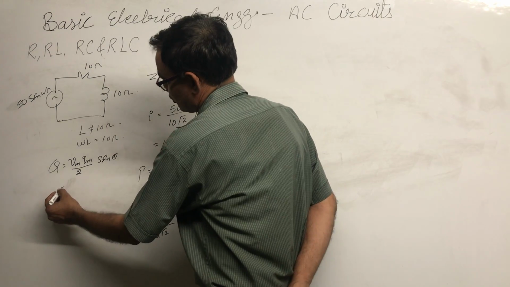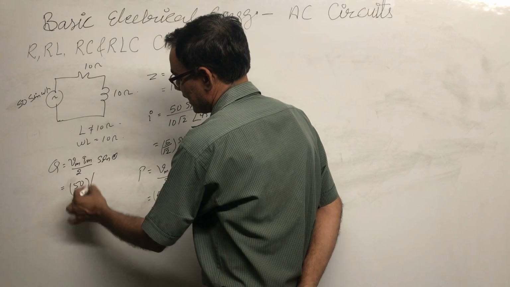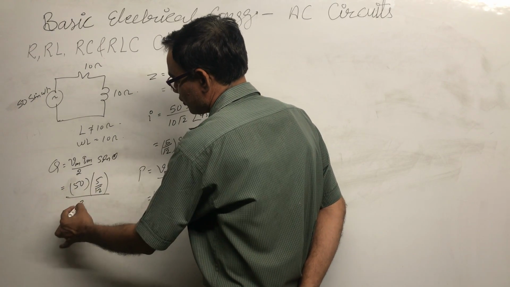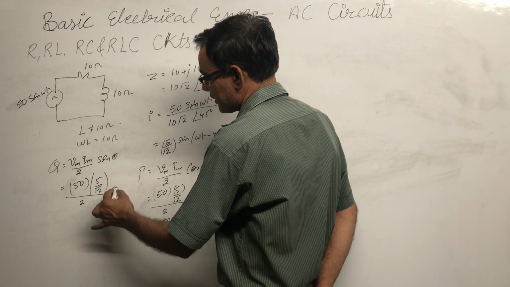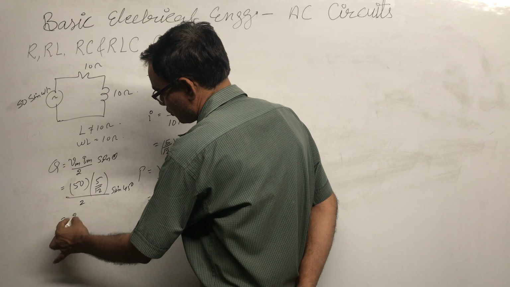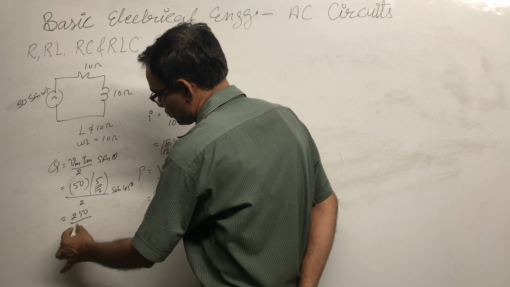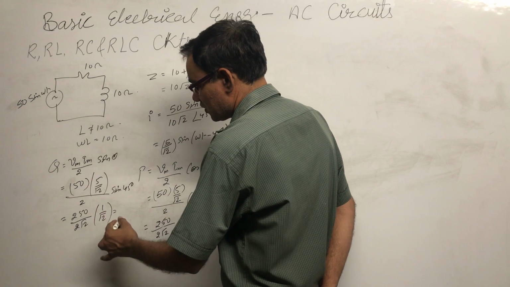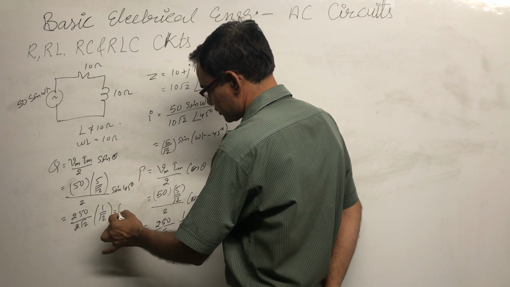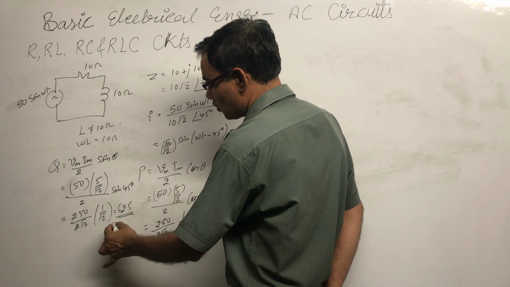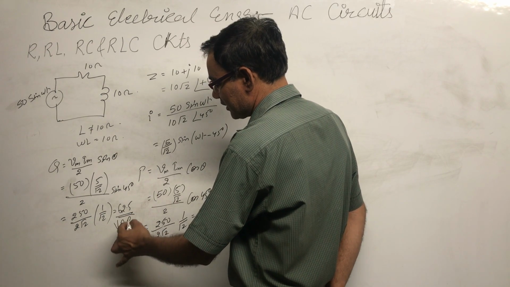So Vm is 50, Im is 5 by root 2, divided by 2, and sine 45 degrees. The angle is 45 degrees. So it is equal to 250 divided by 2 root 2, times 1 upon root 2. So it is equal to 62.5, not watt, but volt ampere reactive.